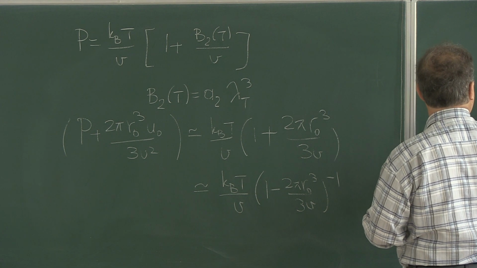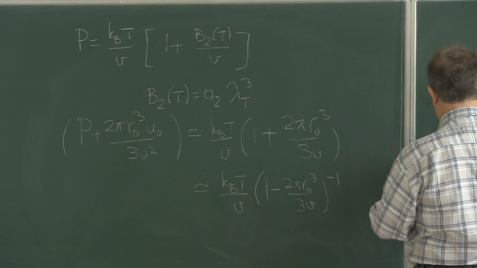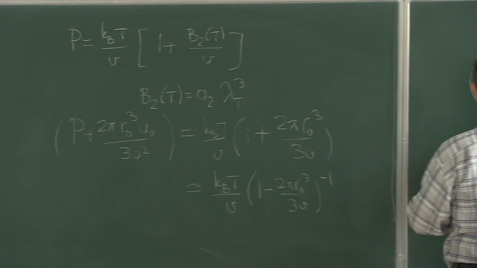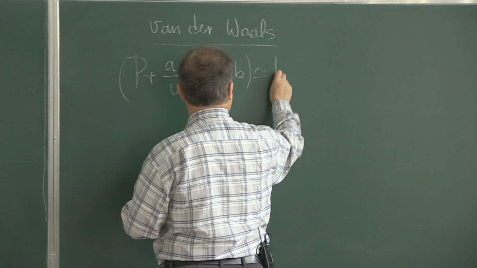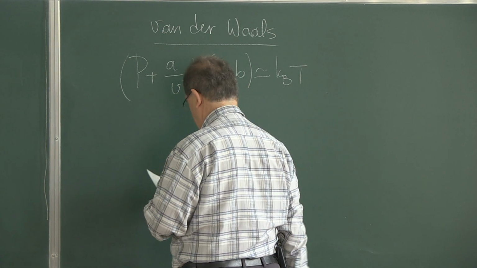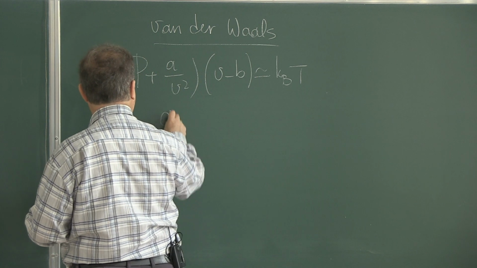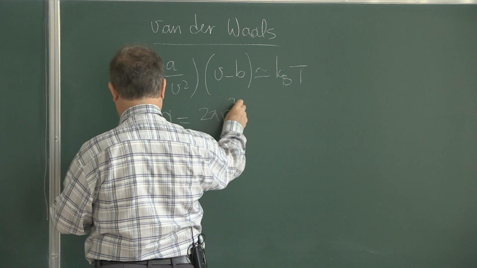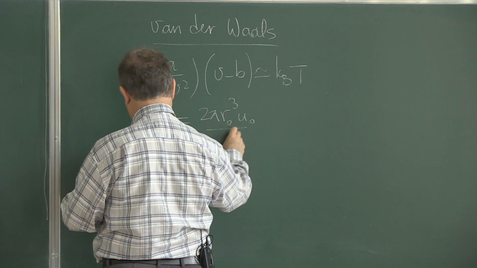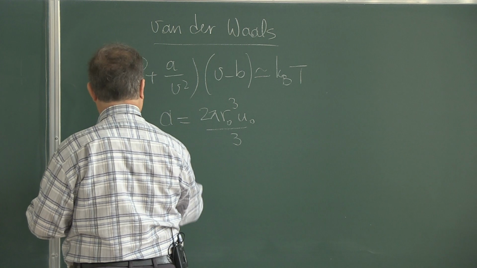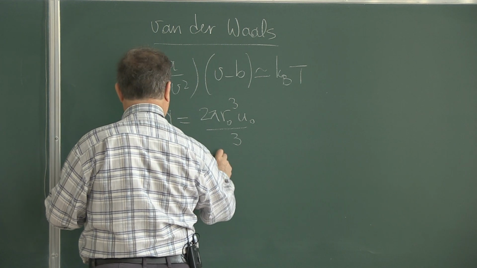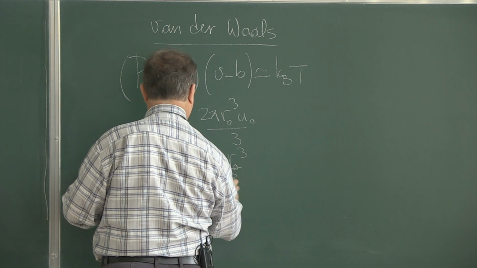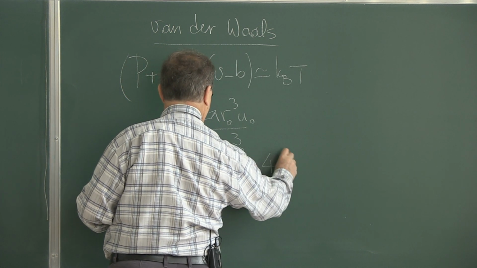Which has this form. Where they have found that A is 2 pi r0 cubed u0 over 3 and B is 2 pi r0 cubed over 3, over 4 v0.